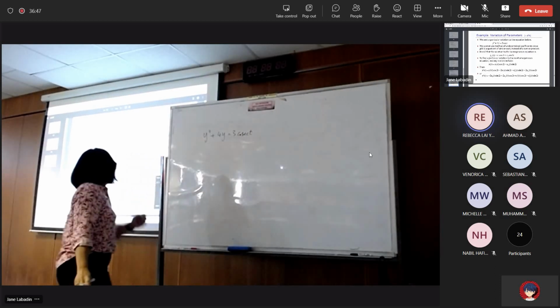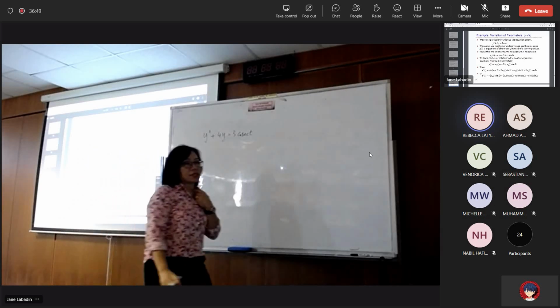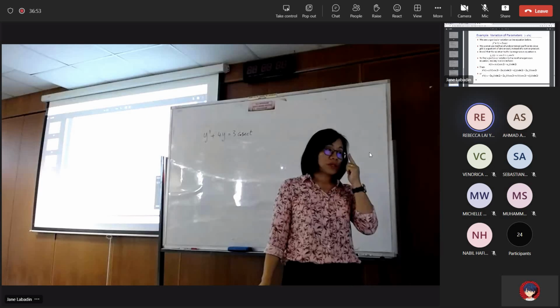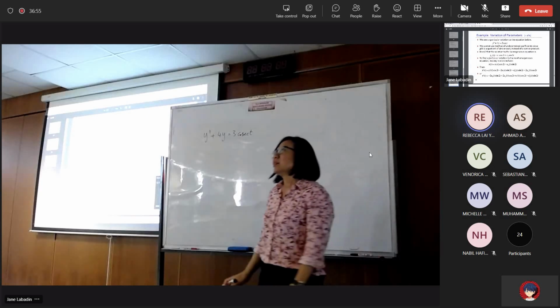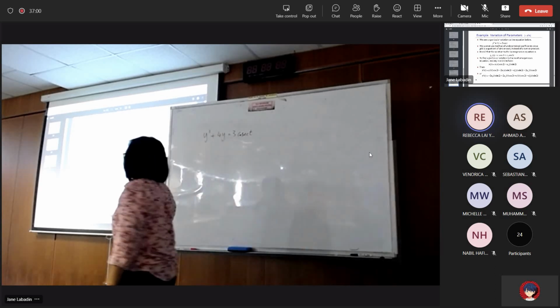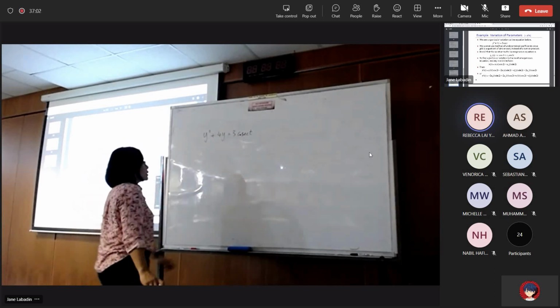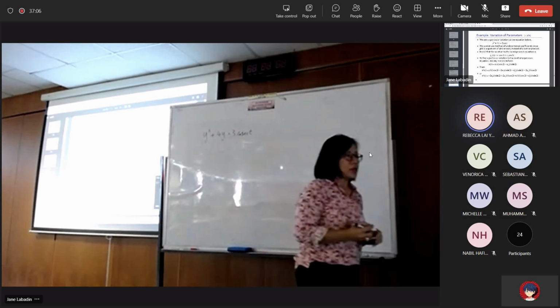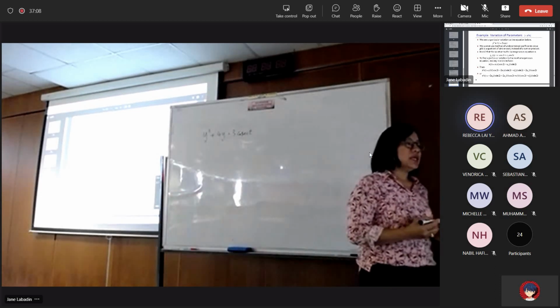Cosecant t is actually a quotient. What is cosecant? 1 over sine. Cosecant is 1 over sine. So therefore it's a quotient, and therefore you are not able to use MUC.